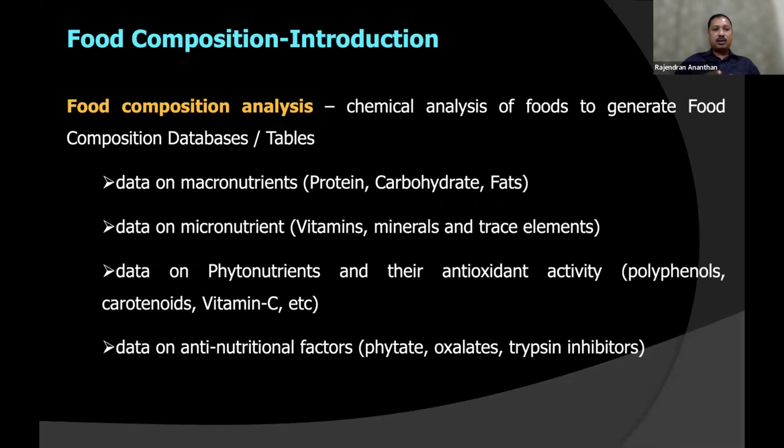Food composition analysis is a chemical analysis that includes macronutrients, micronutrients, and other phytonutrients. A lot of importance is now given to phytonutrient database development as well, like polyphenols, carotenoids, vitamin C, etc. Emphasis is also given to anti-nutritional factors like phytate, oxalate, trypsin inhibitor, and so on.